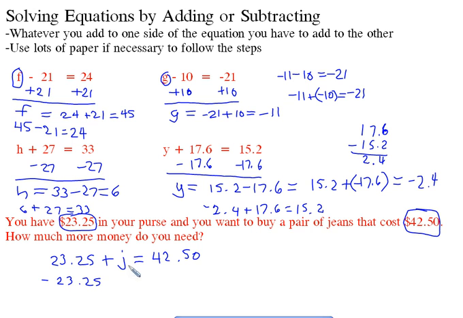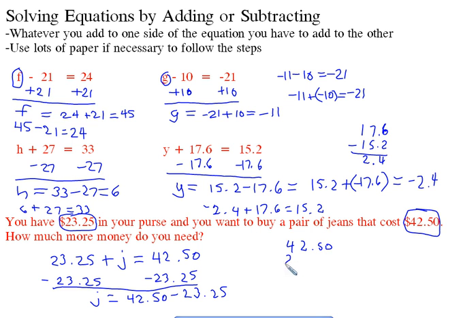You're still going to make it so that the J is all by itself. So now it's just the J is equal to 42.50 minus 23.25. So let's do this quickly.